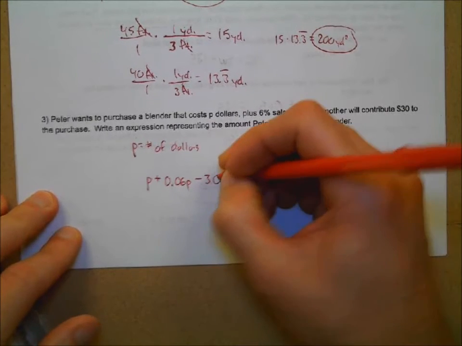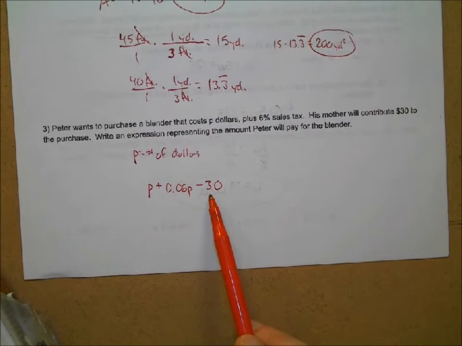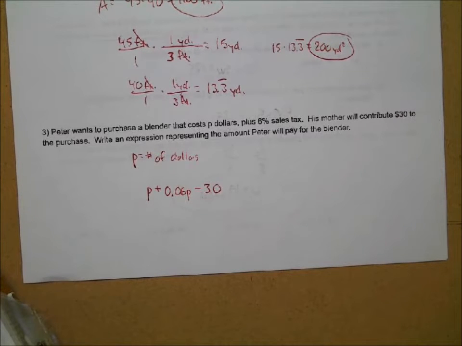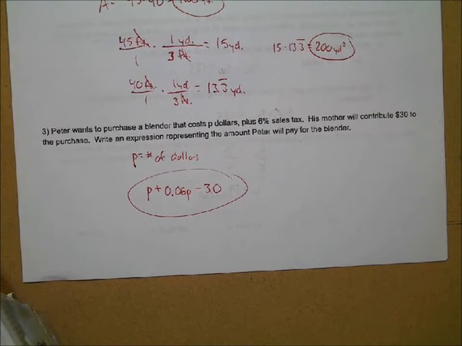So the price plus the tax minus what his mom is helping out with, so that's the lesser amount of money that he has to spend. You can leave it like this if you want to. Or let's go to Catherine. Are there any like terms we can combine here that you see? P and 0.06p. Yeah, and what number's in front of this p right here that we could write? 1.